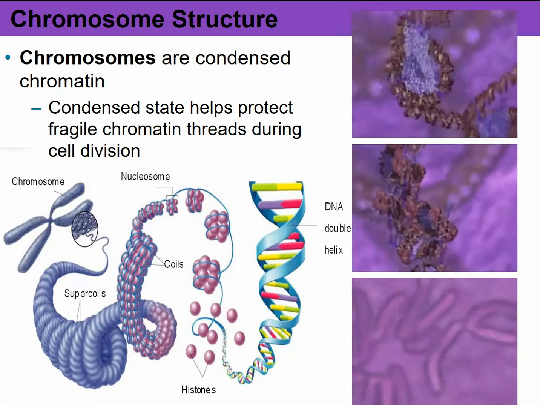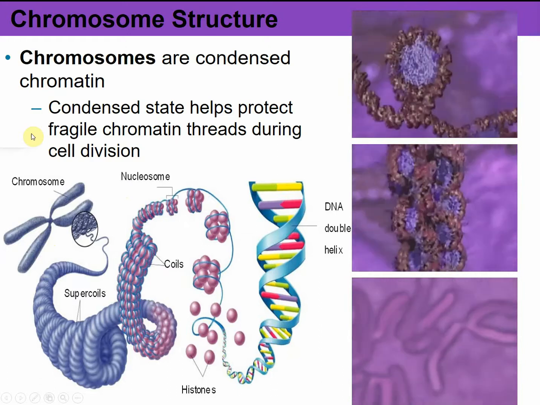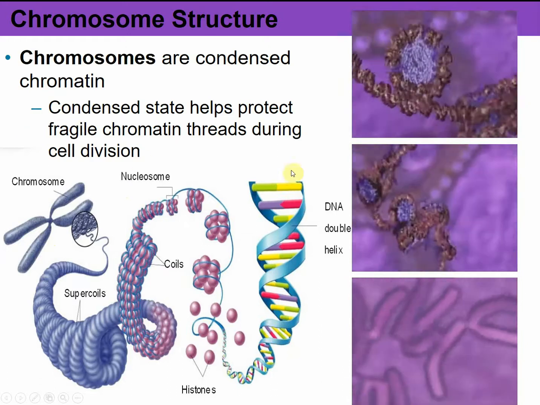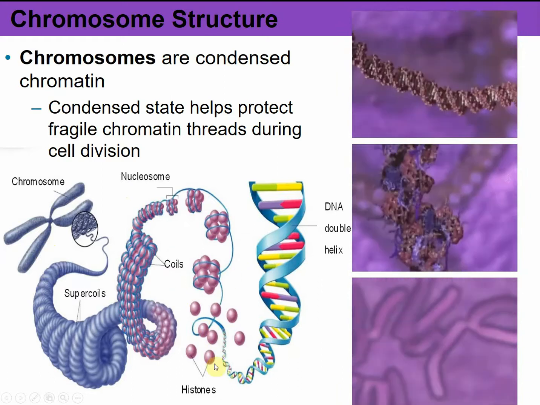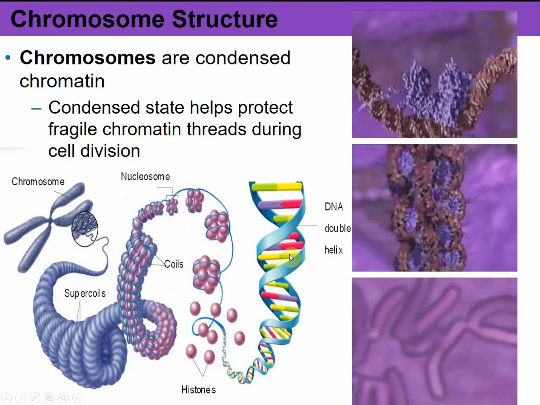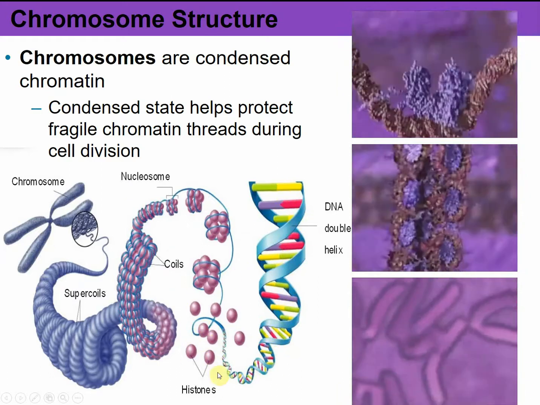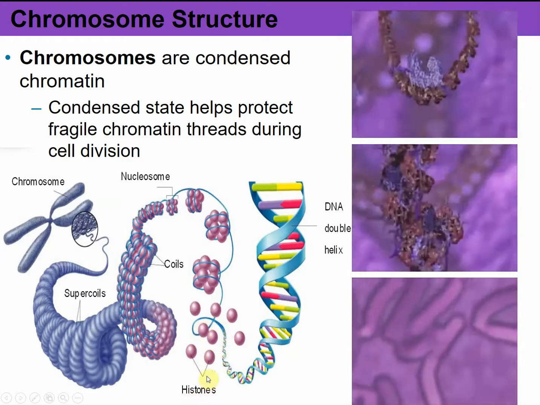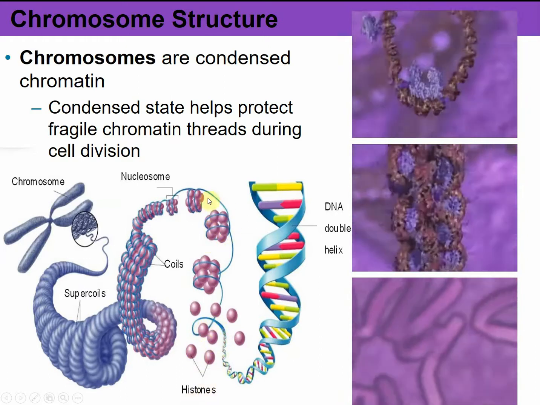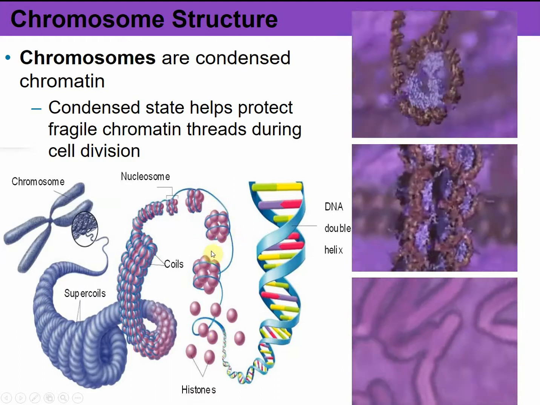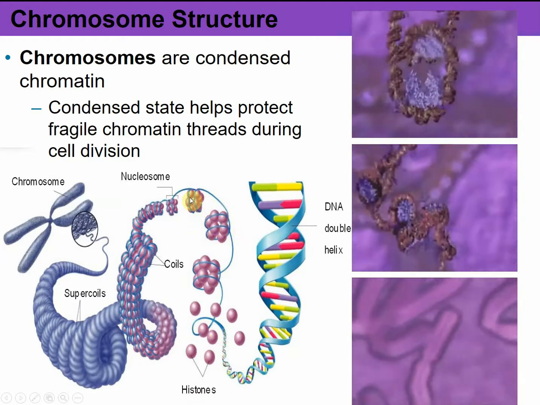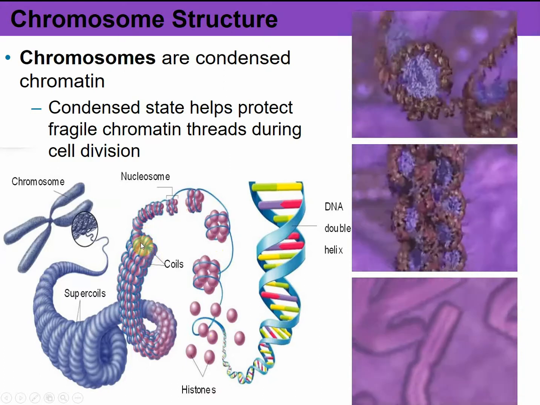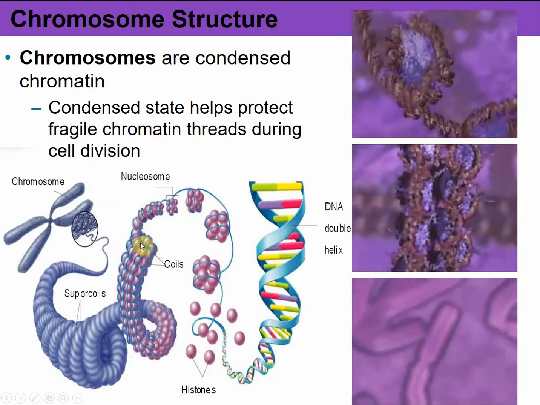So we just package it nice and tight so we don't leave any genes or any sections of DNA behind in the cell. So the way that we package about 6 feet of DNA into these tiny microscopic chromosomes is through coiling around proteins. So here we have our double helix DNA strand. Then it's going to wrap around these proteins called histones. So we'll have a few of these bundles of DNA and proteins, and then they'll start to coil around themselves, packaging even more densely.